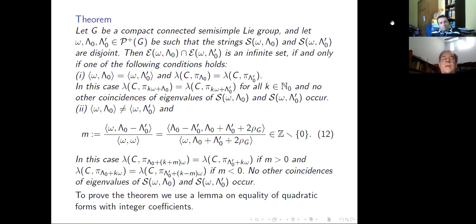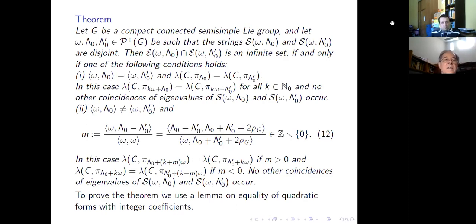given two different strings, where the direction is always the same but the base is different, when these sets of eigenvalues can have coincidences. The condition to have an infinite set is that one of the following conditions holds.